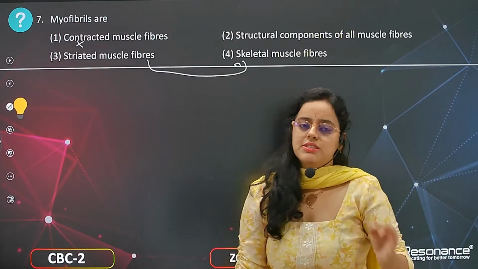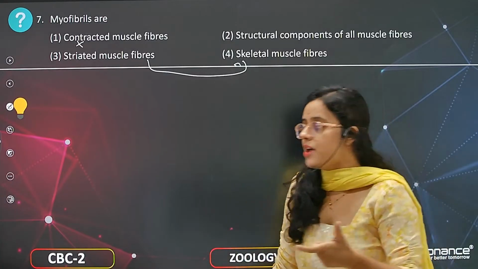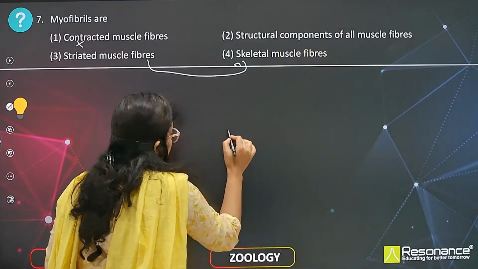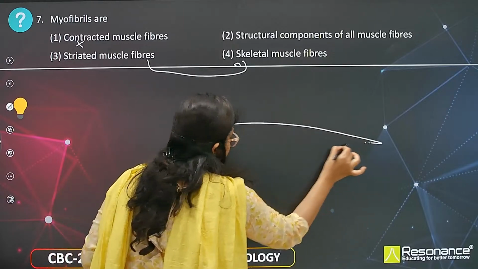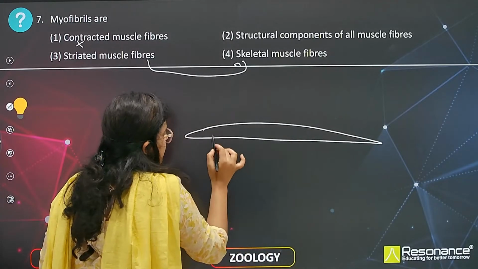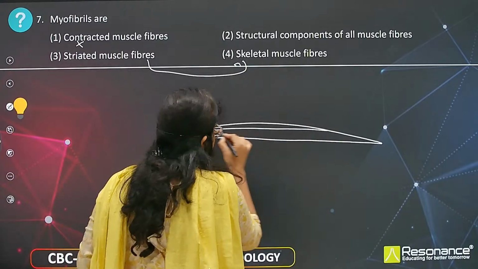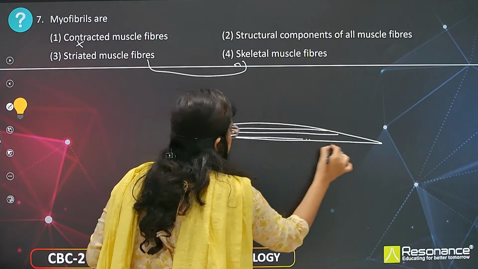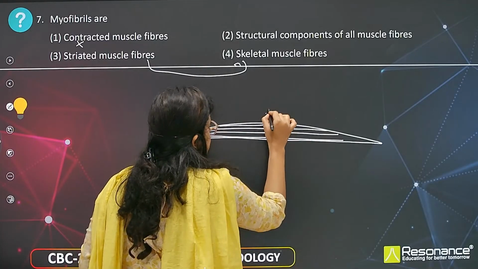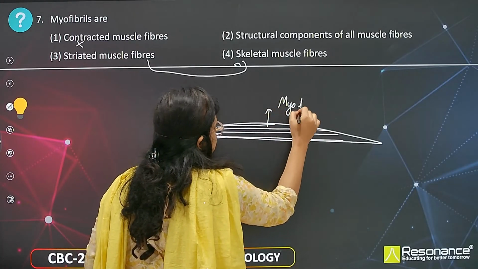So all muscle fibers consist of myofibrils. Now we have discussed the muscle fiber, right? So this is a muscle fiber or muscle cell. They consist of fine thread-like structures within them. These thread-like structures are called myofibrils.